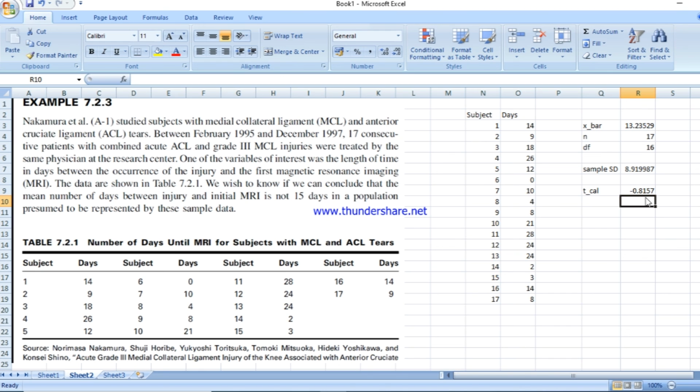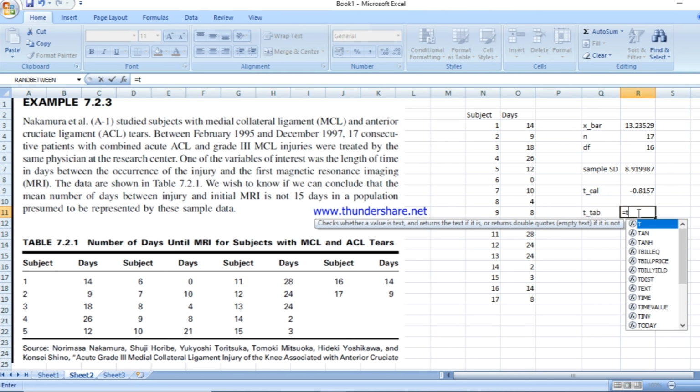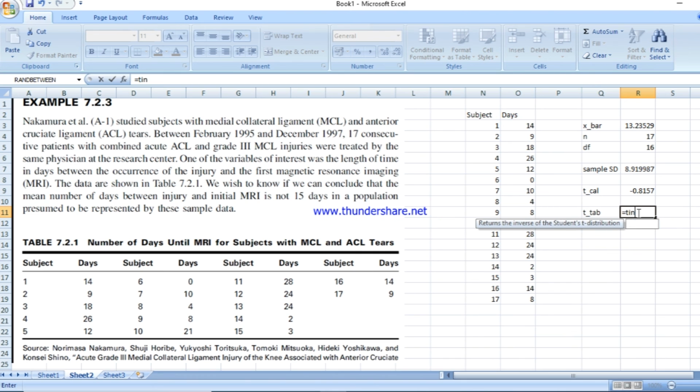So let's assume the level of significance to be 5%, and it's a two-tailed test. So t tabulated will be TINV of 0.05. It automatically takes into account two-tail, and the degree of freedom is 16. Taking the absolute value, t calculated is 0.8175, and t tabulated is 2.11 at 16 degrees of freedom.